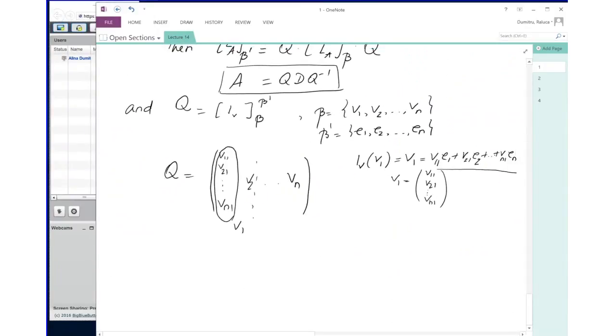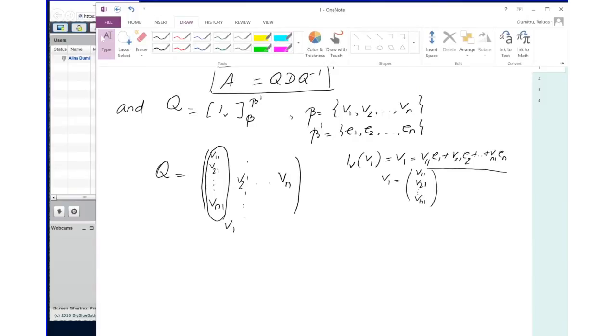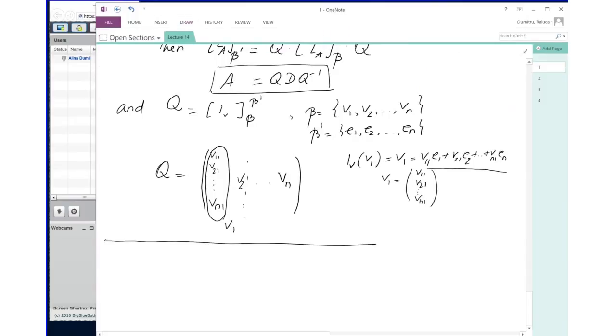I said it's going to be useful in general in applications, especially in computational applications.